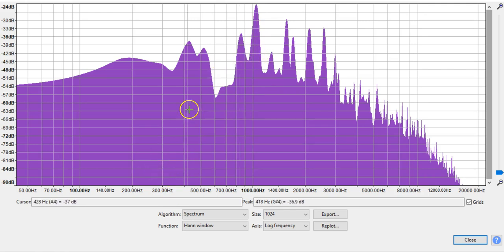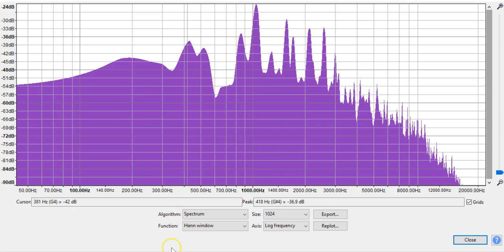Then we're simply going to put the cursor on this spike where you think the highest point is. When you put that cursor at the highest point, you'll see in the lower left where it says cursor, 428. So that gives us the frequency 428, and we'll record that.